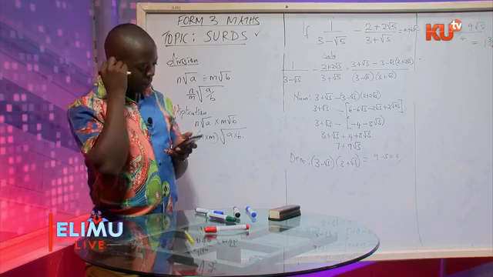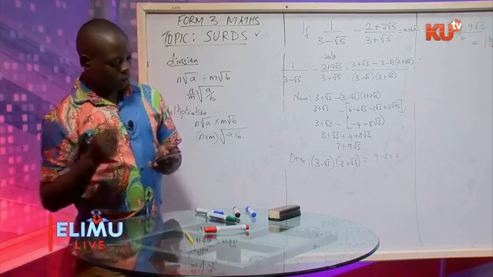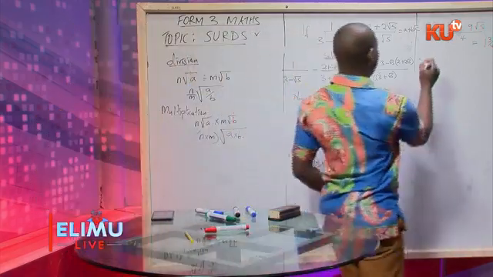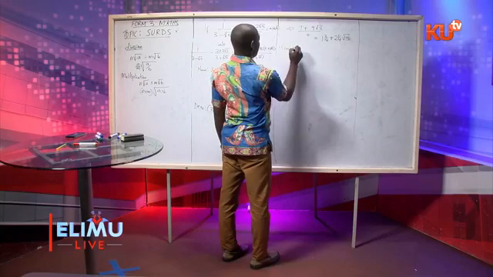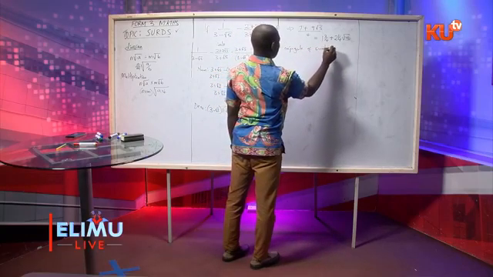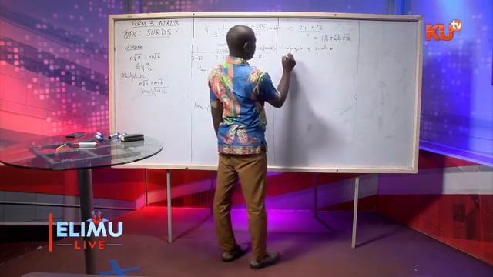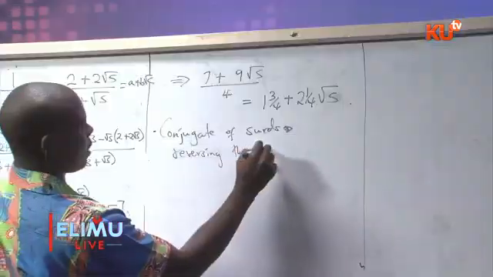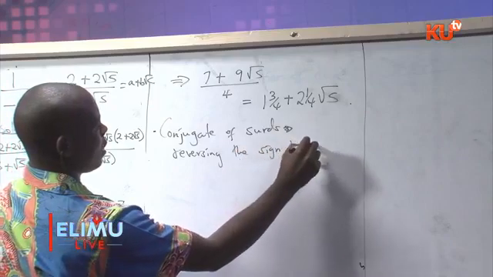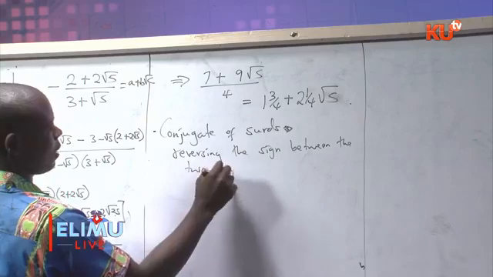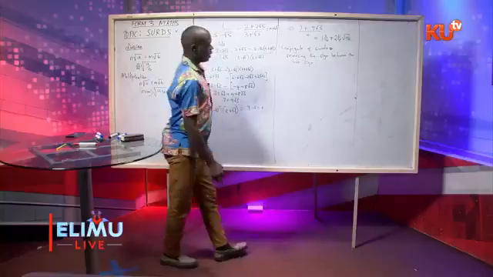Someone is asking for a reminder about the conjugate. When you're getting the conjugate of a surd, we've said the conjugate is simply done by reversing the sign between the two surds.